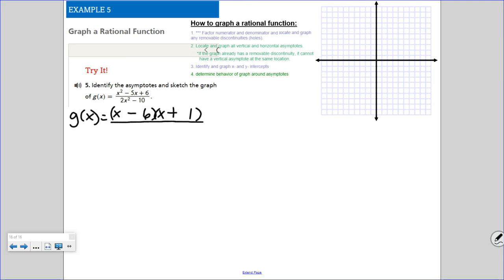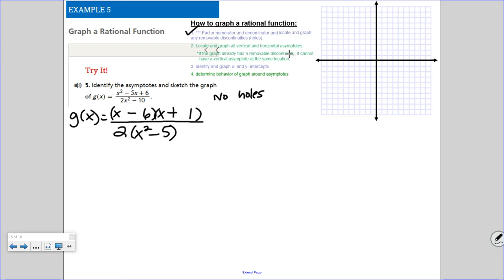And then in the denominator, if I factor out a 2, I'll be left with x squared minus 5. And it looks like that's as far as it factors. I'm not seeing any common factors, so that tells me there's no holes. Again, I would know if I had holes if I had like an x plus 1 up here and an x plus 1 down there, but I don't have any holes or any removable discontinuities.